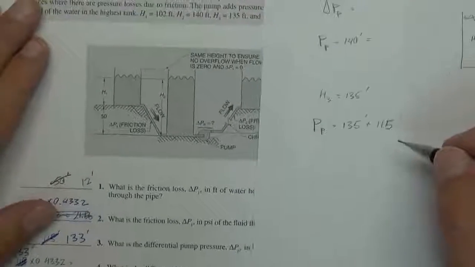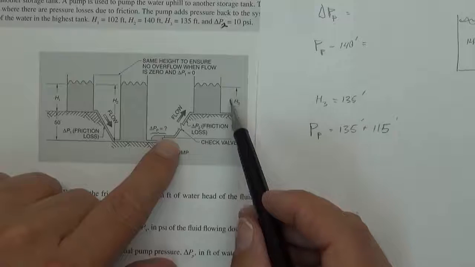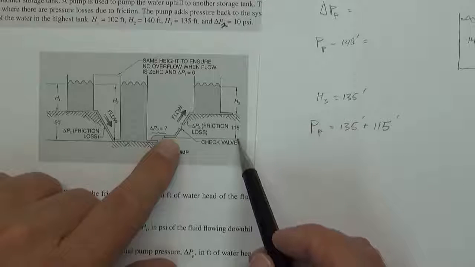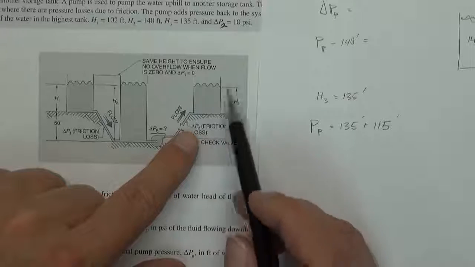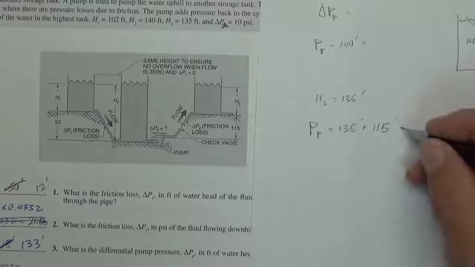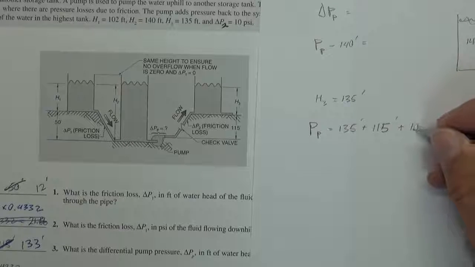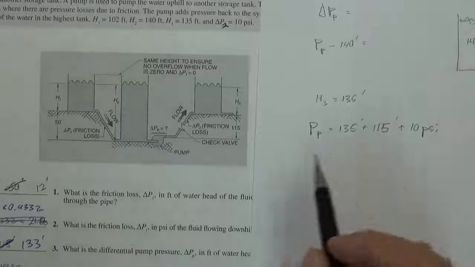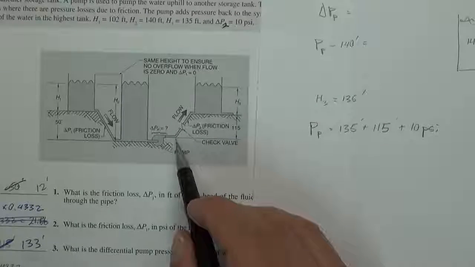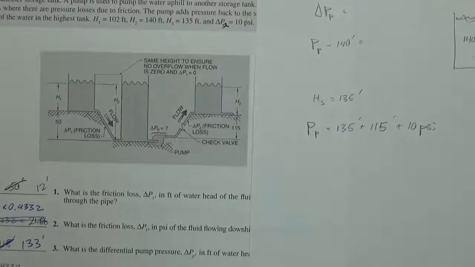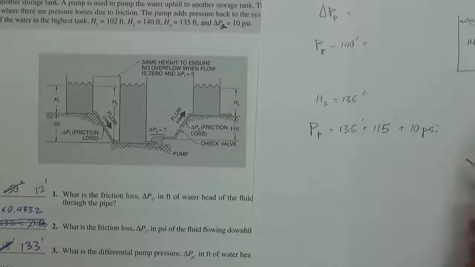I'm just going to write the pressure right here. So here's my 135 comes from here. Here's the 115. Now I've got this delta P2 of 10 psi. And even though this isn't the same units, I'm just going to put it in there. I'll convert it in a little bit. 10 psi. So this plus the friction loss. And I think that's it. So all we really need to do is convert that psi to feet, and we'll have it.